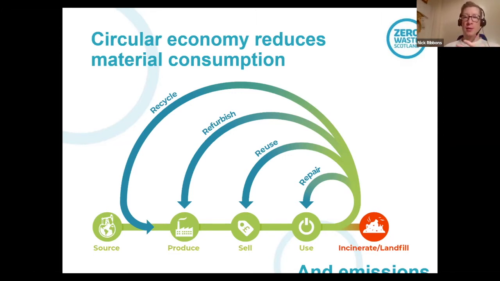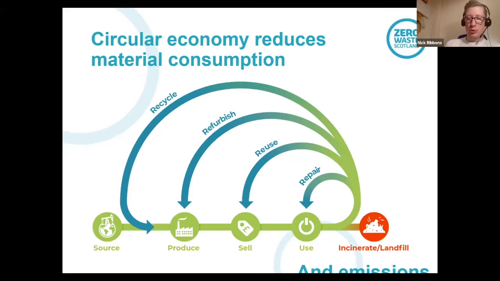Obviously, incineration and landfill is the least preferable option, but we should maybe shift our thinking and think, well, is recycling, unless we can upcycle something and increase the value, maybe the least favorable option, and we shouldn't even really be considering landfill and incineration as an option. I know that's a bit of a big leap, but it's maybe something that we should begin to think.